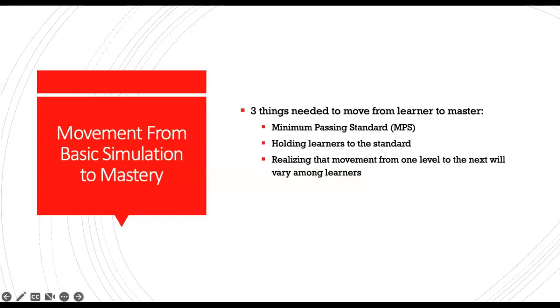In order to move the program from a basic simulation program to a mastery simulation program, three things were needed. You needed to develop a minimum passing standard, you needed to hold all the learners to that standard, and you needed to realize that moving from one level to the next will vary from learner to learner. So minimum passing standards were created for each of the 6 scenarios based on the percent correct of the previously created checklist.